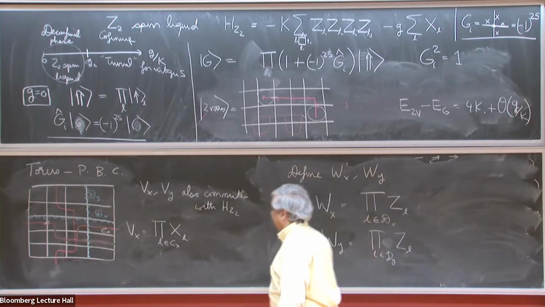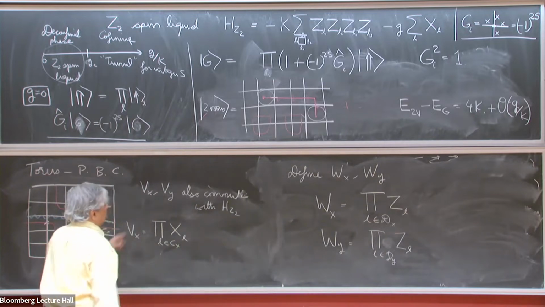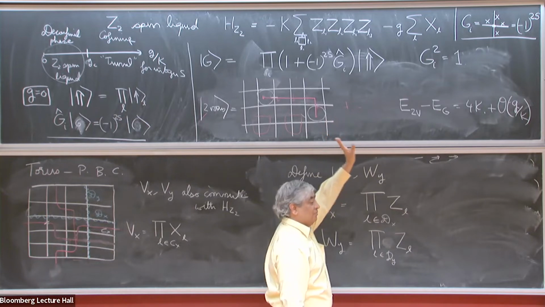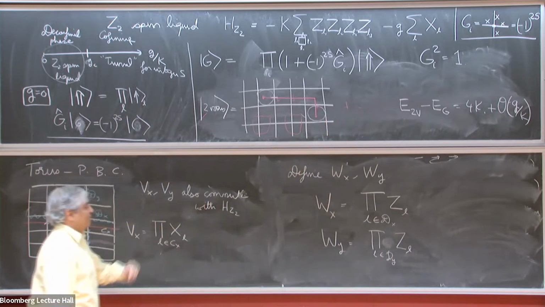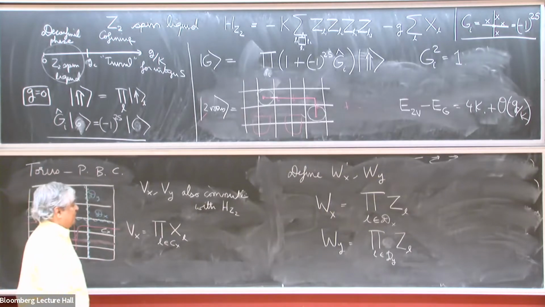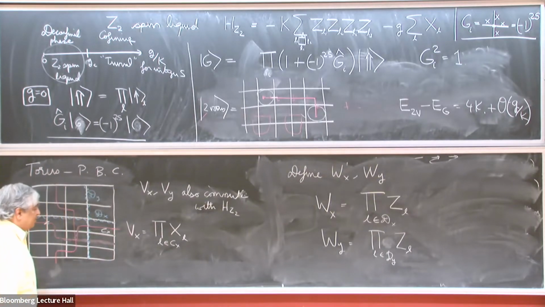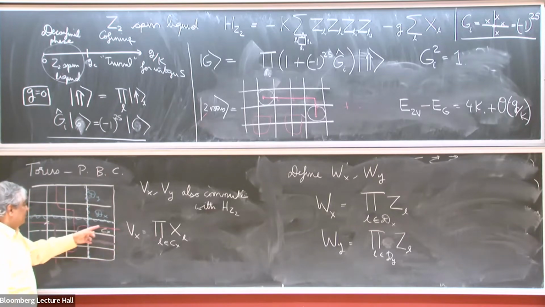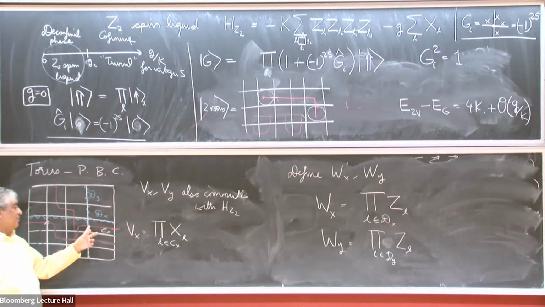Now these operators are products of the Z's, and they commute with the Hamiltonian at little g equals 0. But once you turn on little g, they don't commute. Still, they're very useful, and the reason is they obey a very nice algebra with the V operators. You can see that the D operator in the Y direction, dy, intersects with Cx at an odd number of points, just one point here. And similarly with dx and Vy.